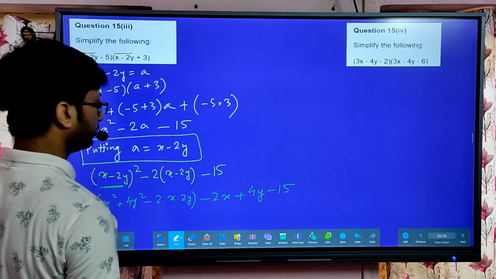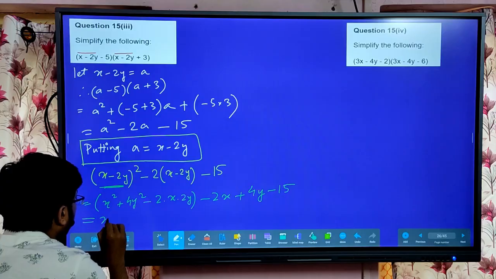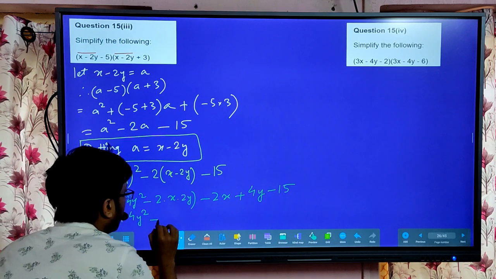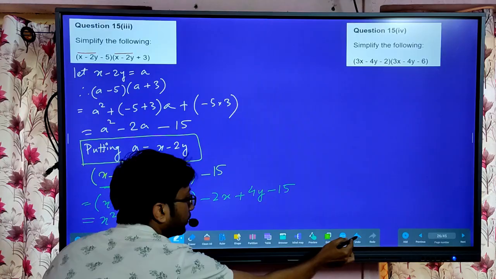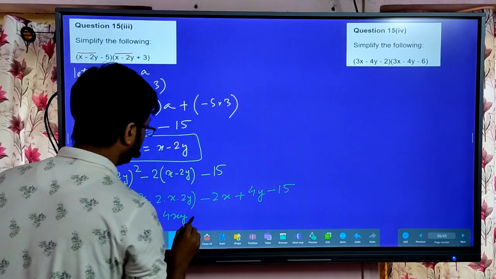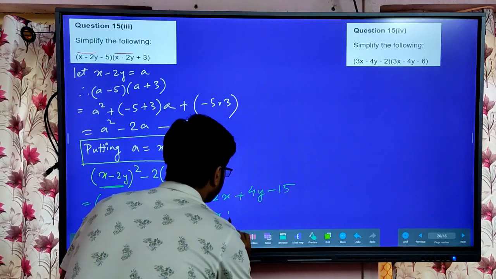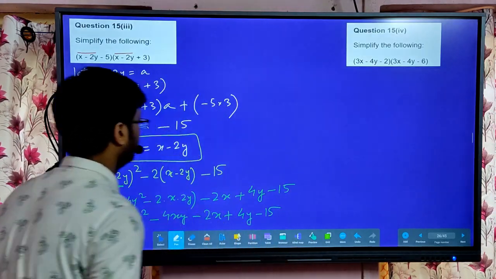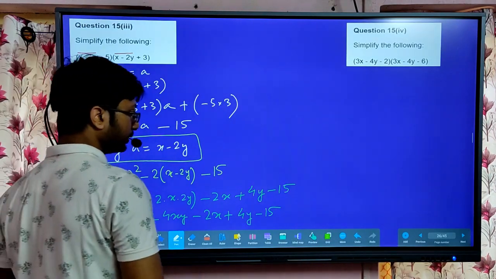So for the simplification, only one more step. x square plus 4y square minus 4xy, and then minus 2x plus 4y minus 15. So this will be the answer.